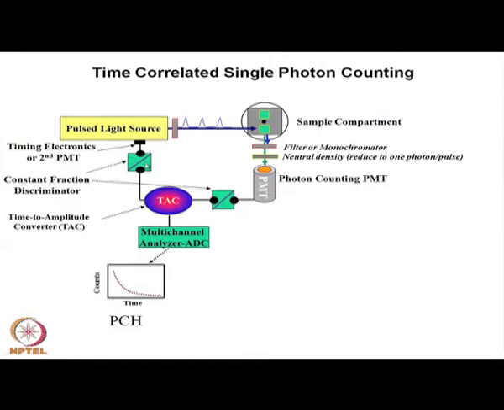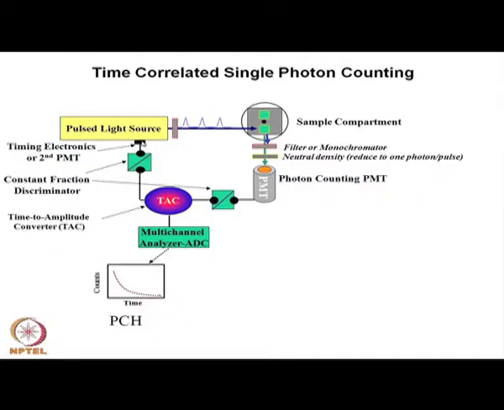This PMT keeps an eye on the first photon coming out of your laser or the pulsed light source. The moment it receives a signal that one pulse has gone out of the source and enters your sample compartment, this electronics is on.